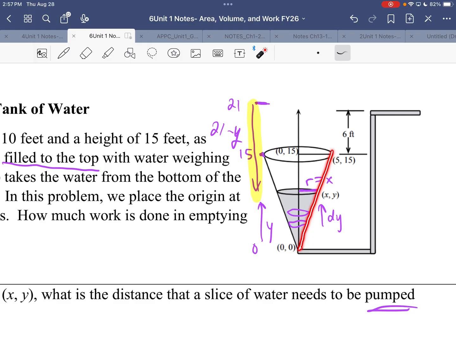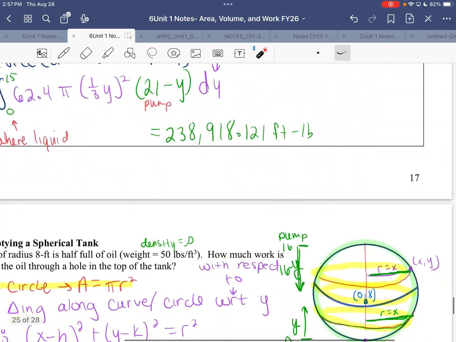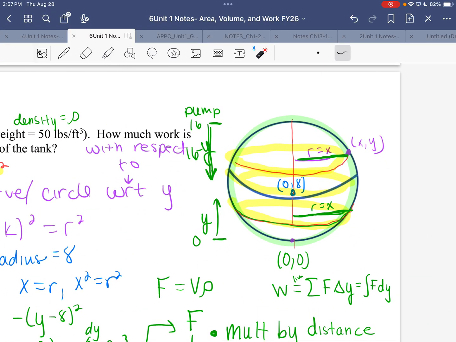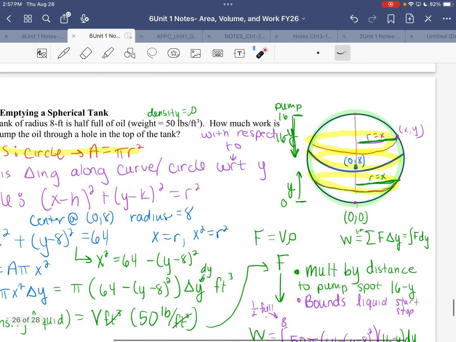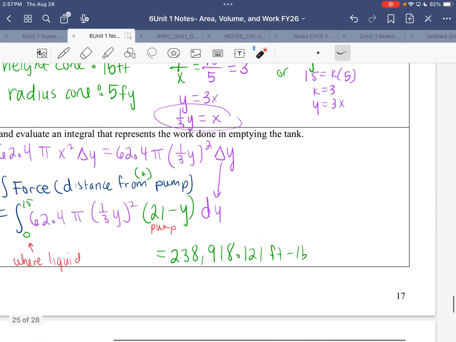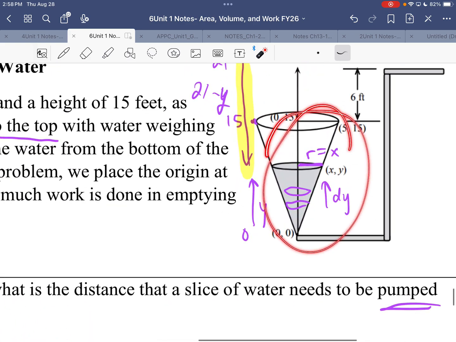So sometimes in your work equation, even though we're slicing through this one, pi r squared, we had a linear relationship between the radius and the y, versus on example 3, we still had pi r squared, but then we had a circular relationship between how that r was changing with respect to the depth. So if it's changing on the line, are the boundaries from the origin to the pump? Nope, the boundaries are always where the liquid is. This is changing what our radius equation was.